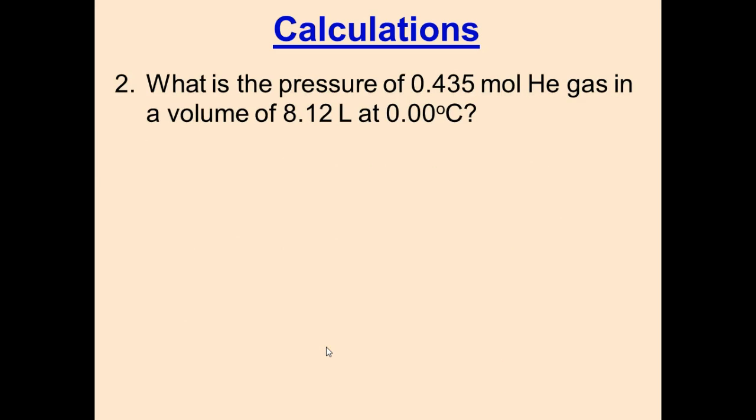What is the pressure of 0.435 moles of He, or helium gas, in a volume of 8.12 liters at 0 degrees Celsius? So we need to find pressure this time. Again, we pull out our formula, and remember R is a constant right here, 0.0821, and we need to solve for P. So we plug in what we have. 0.435 moles goes with n, 8.12 goes with volume, and 0 degrees Celsius converts to Kelvin by adding 273, and that goes for temperature.